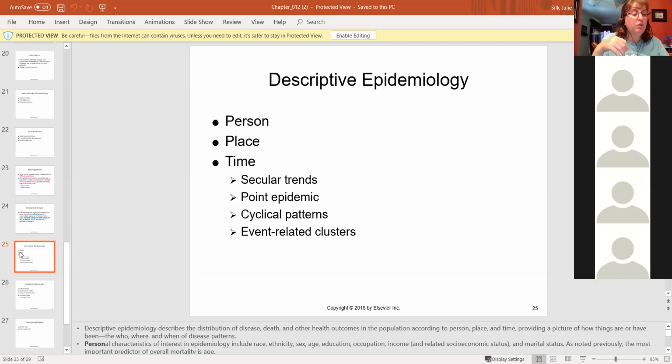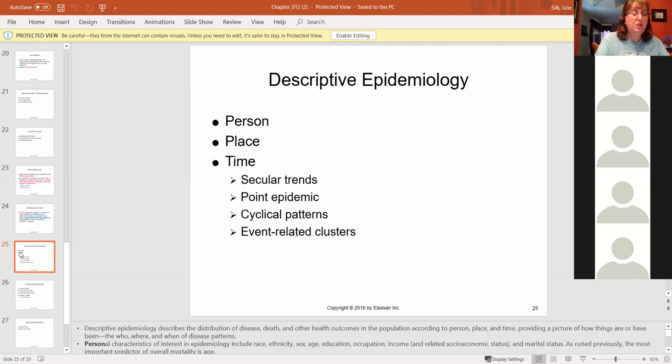Are other temporal patterns evident? Temporal patterns of interest to epidemiologists include secular trends, point epidemic, cyclical patterns, and event-related clusters. Long-term patterns of morbidity and mortality rates are called secular trends. Secular trends may reflect changes in social behavior or health practices.